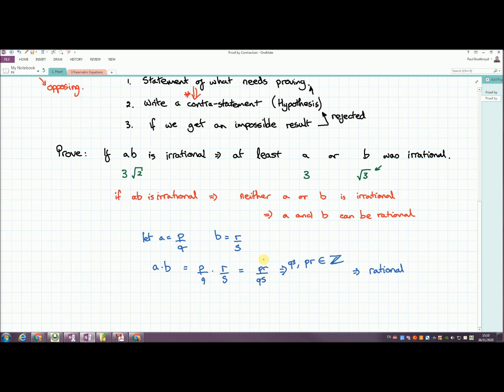Right, second part of this, so finishing this off. We've now shown that AB must be rational. Because that's rational, we've actually found the contra argument.